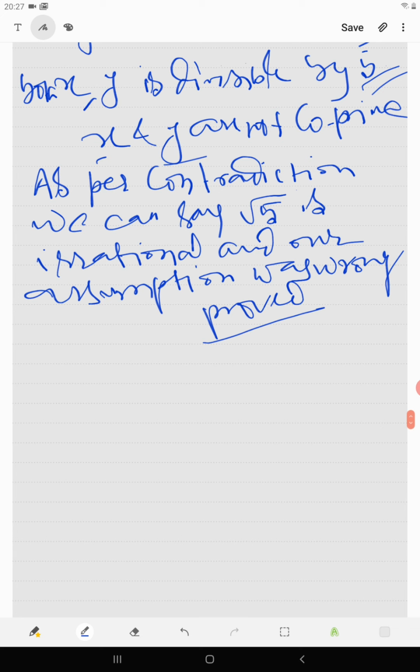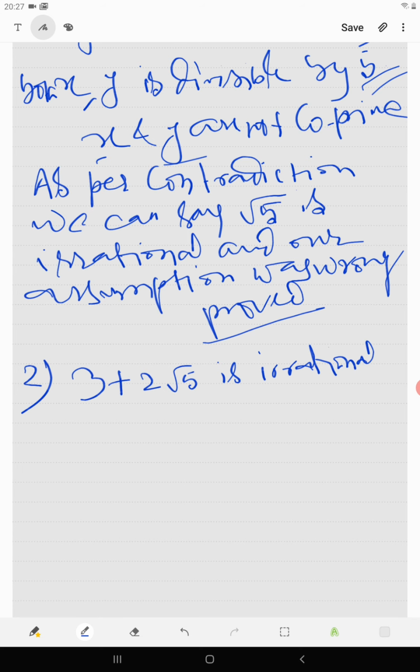Okay, let's move to our second problem. What is the second problem? Prove that 3 plus 2 root 5 is irrational. So this we need to prove. Let's assume the contrary.